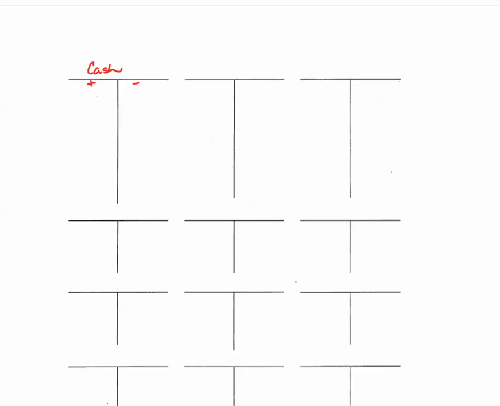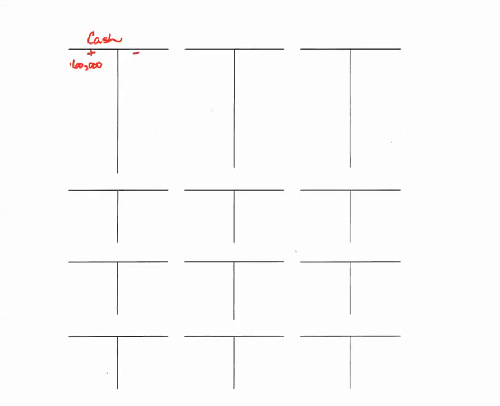So Anita invested $100,000, so we're going to increase cash by $100,000 on the left-hand side. Sorry for my poor writing. Then we have to have a matching $100,000 in the owner's equity account.